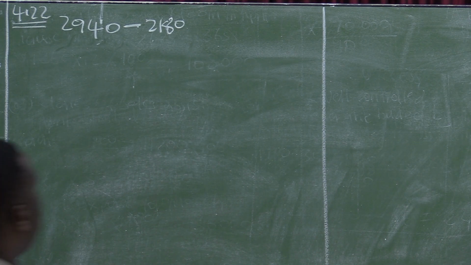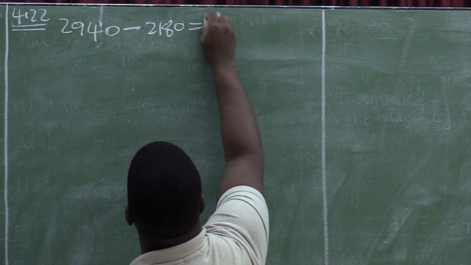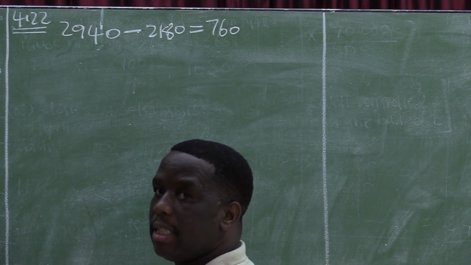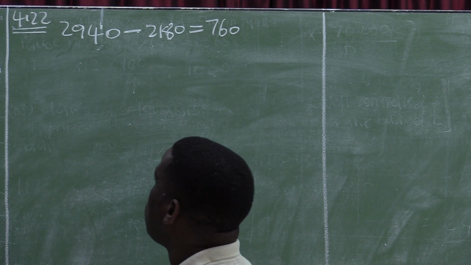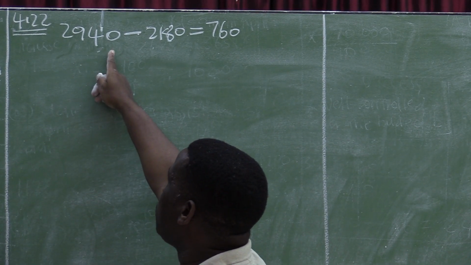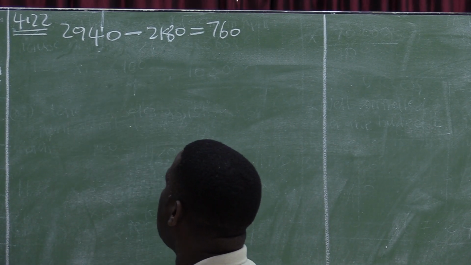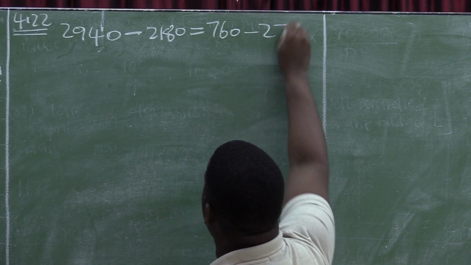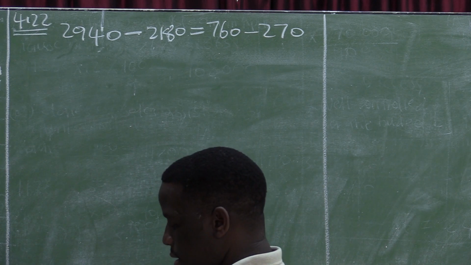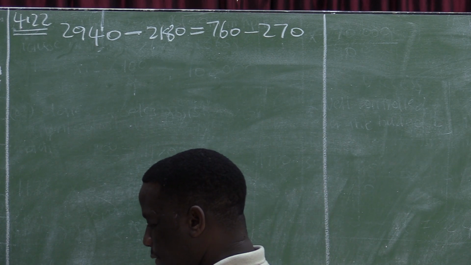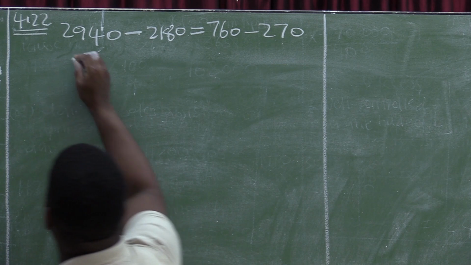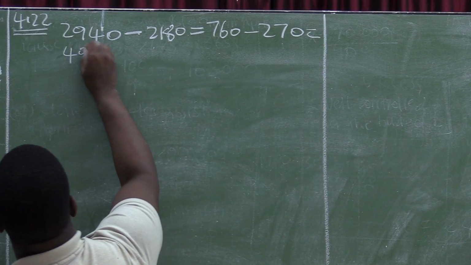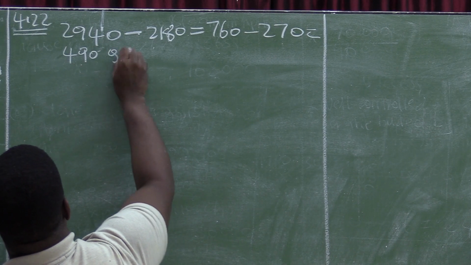So we are supposed to be left with 760 gas lamps because we had 2,940 available for sale and we sold 2,180. We are supposed to be left with 760, but according to the closing stock, we are only left with 270, which is then telling us that there are 490 gas lamps missing.